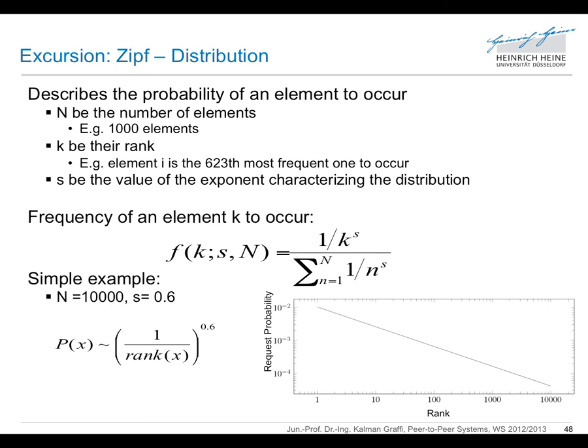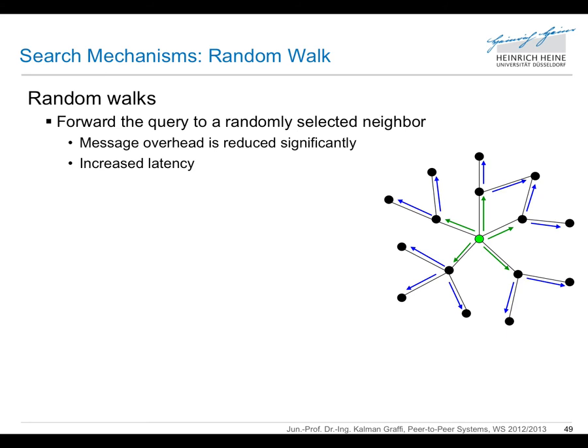Okay, another way to find content is random walks. So here the idea is, I'm still somewhere in the middle of the network, and now I want to reduce the message overhead, and I do not send out my request to all contacts, but only to selected ones.